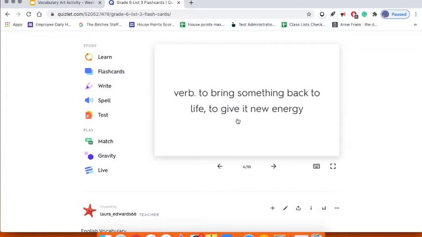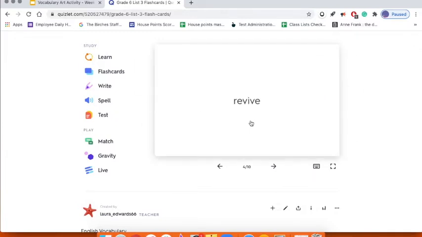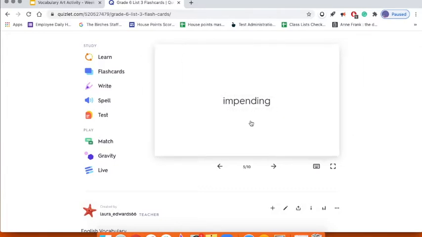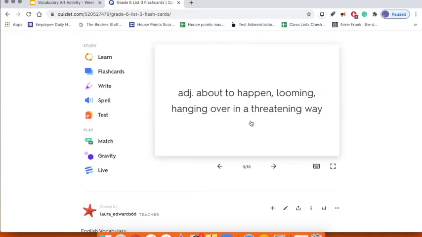So you can feel revived. You can revive someone else. They both apply. Impending is an adjective and it means about to happen, looming, or hanging over in a threatening way. If you've got a test coming next week, then that test might be looming.